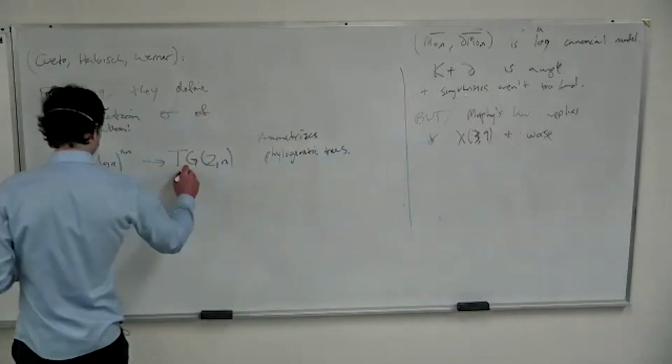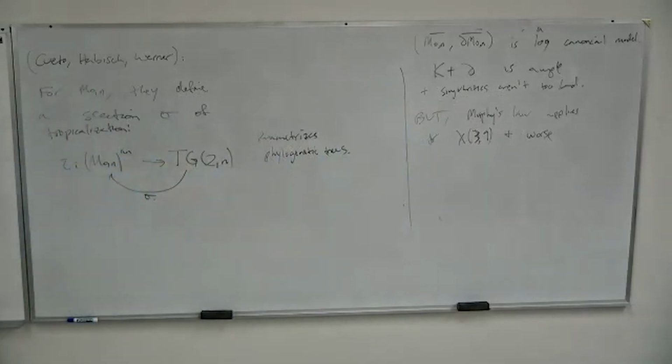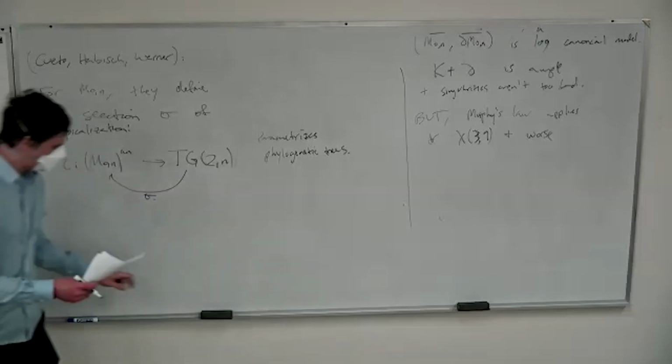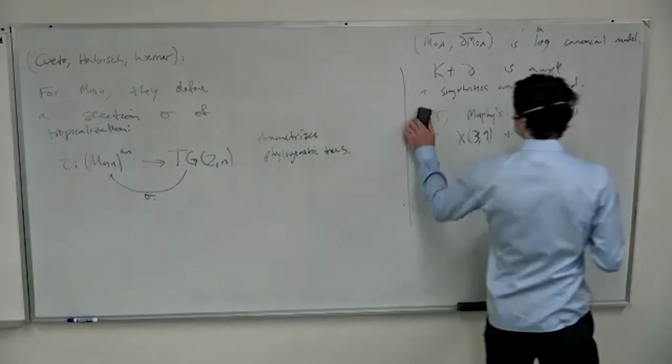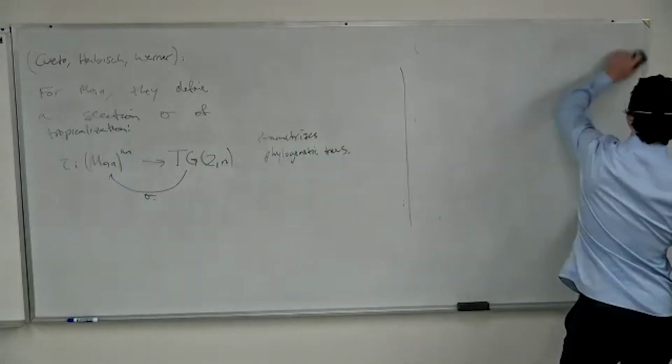And then the idea is that we have this sigma that goes back, and so the conjecture I've led you to think is that you would hope that the image of this section is the essential skeleton of the pair M0n with its boundary, and that is exactly what my student Zhishang Xu is proving in his thesis.